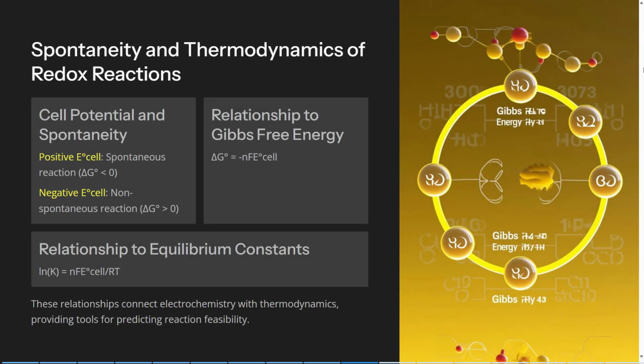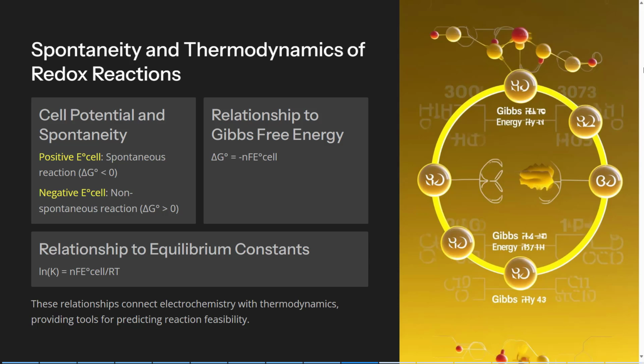Here is where thermodynamics and electrochemistry shake hands. The relationship delta G naught equals negative nFE naught connects cell potential directly to free energy change. A positive cell potential means negative free energy change, which means spontaneous reaction. The larger the cell potential, the more energy the reaction can provide.